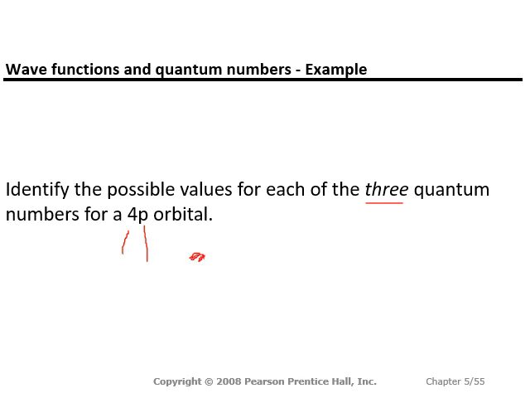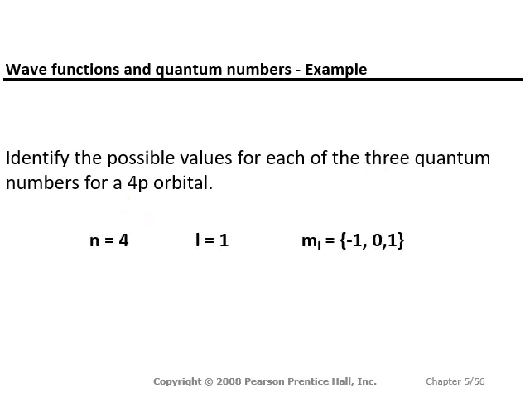So the M sub L could be one of the 3 numbers that we just mentioned. It's either going to be -1, 0, or +1. So let's quickly move on. And here are the answers over here on the right. If you're going to write them in sets for each electron, you could write 4, 1, -1, or 4, 1, 0, or 4, 1, 1. So those would be the 3 quantum numbers.